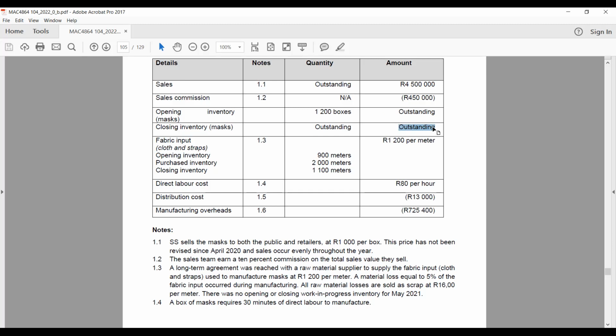Well, that's okay for them. They set the question paper, they know what they are looking for. For us, we are answering the question. We didn't set it. So what do we do? We start with the end in mind. What is it that they want? They want the closing inventory balance. So the question you need to ask yourself is, how do we determine closing inventory balance?